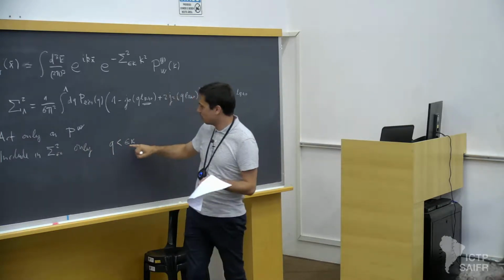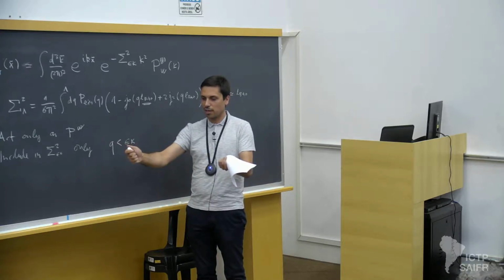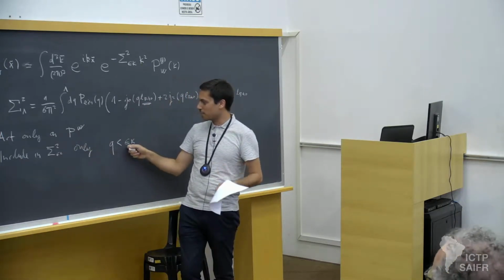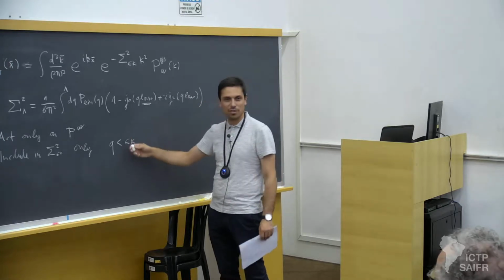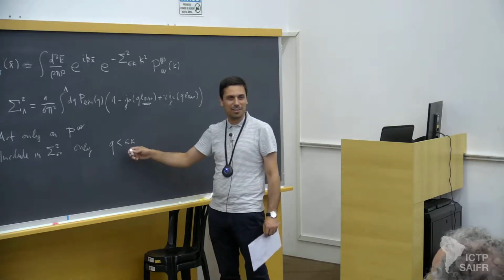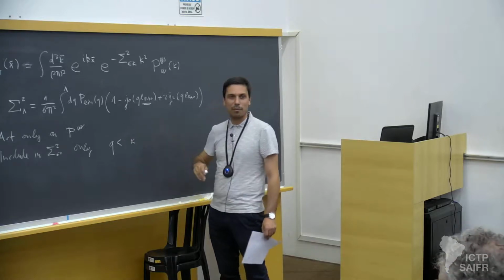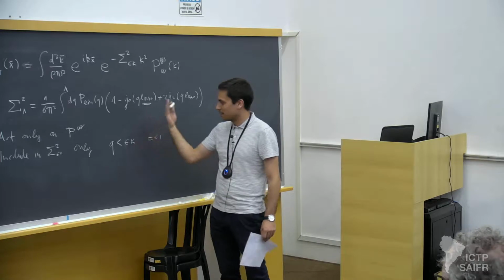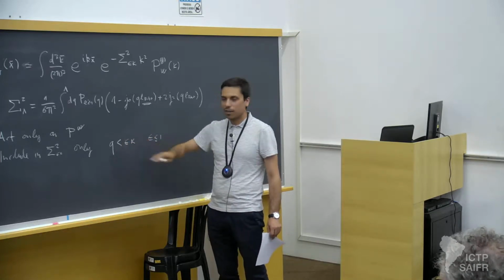So for each Fourier mode k contributing to the correlation function, it makes sense to talk about bulk flows that come only from larger wavelengths, or smaller q's. And this epsilon is some small number, like a parameter. You can choose it as you like in practice. But even if I set epsilon to 1, it's probably okay. So this epsilon is a number less than 1, but even 1 is fine. So let me take q always less than k.